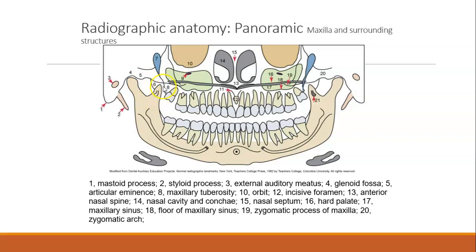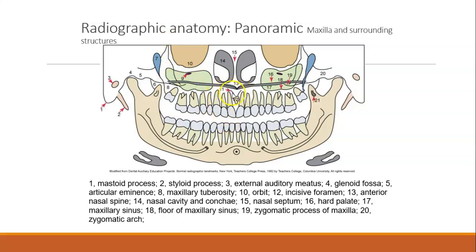Maxillary tuberosity is 8. That's the bulging bone behind the last maxillary molar. 9 doesn't have a label, but it's some kind of fossa or foramen. Is it the infraorbital foramen? I think it's the infraorbital foramen. 10 is the orbit.